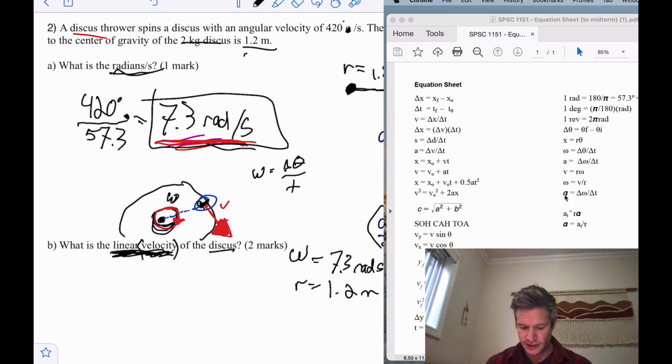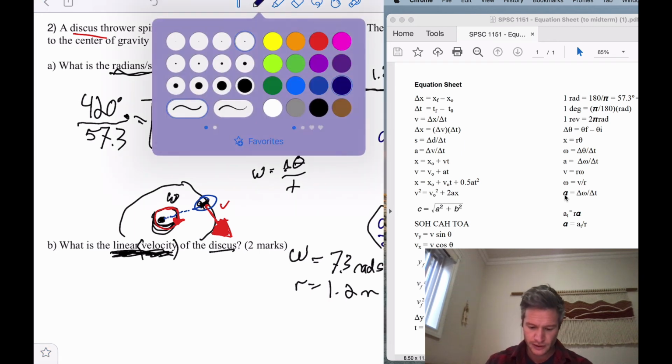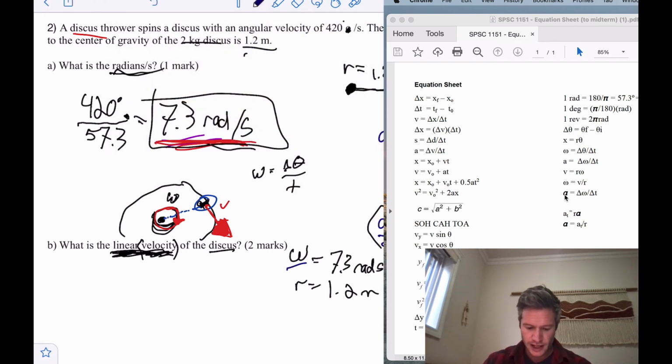Okay, so we need some sort of an equation that has angular velocity, radial arm, and of course our unknown, which is velocity. So we go back and take a look here. Okay, well, we actually have a couple by the looks of it. There's one: linear velocity equals the radial arm times the angular velocity.